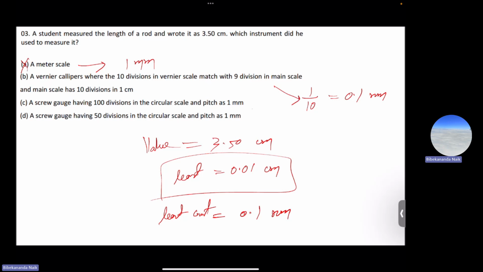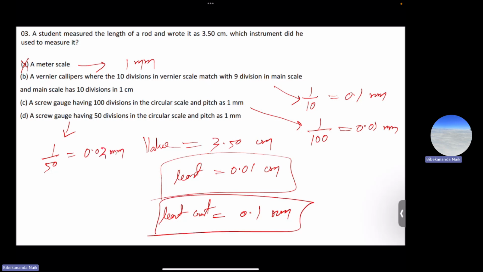Now for screw gauge, 100 divisions and pitch as 1 mm, so it will be 1 by 100, that is 0.01 mm, and for option D, 50 divisions, it will be 1 by 50, that is 0.02 mm. So the least count of the device we need is 0.1 mm.